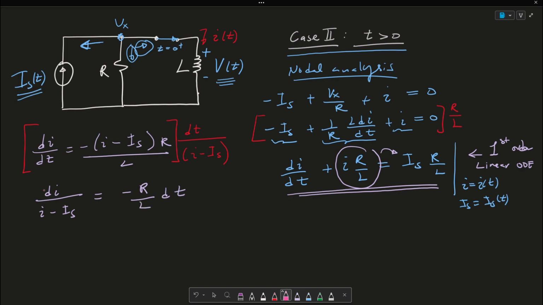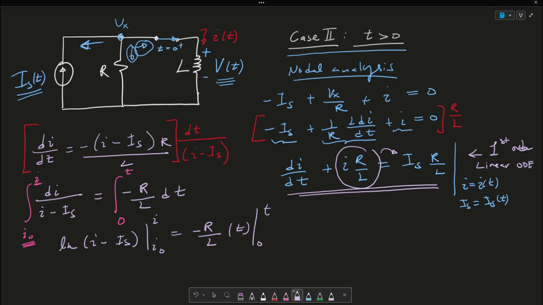If I then go ahead and take the integral of both sides of this from I0 to I, or the I initial to some I of t, and then in this case I get 0 to t. When I take the integral of this, I get ln of I minus is. Again, my parameters are going to be I0 to I, and this is equal to minus R over L times t, and then this becomes from 0 to t.